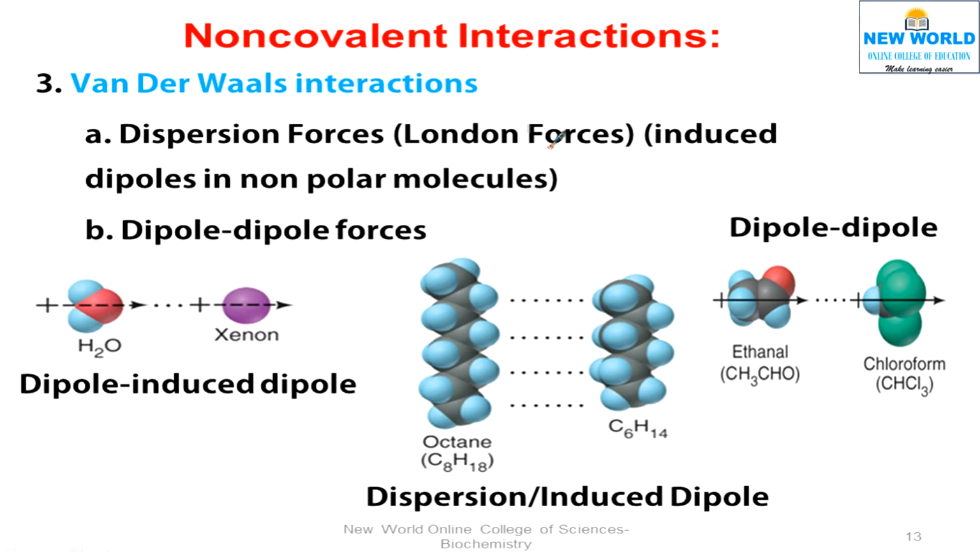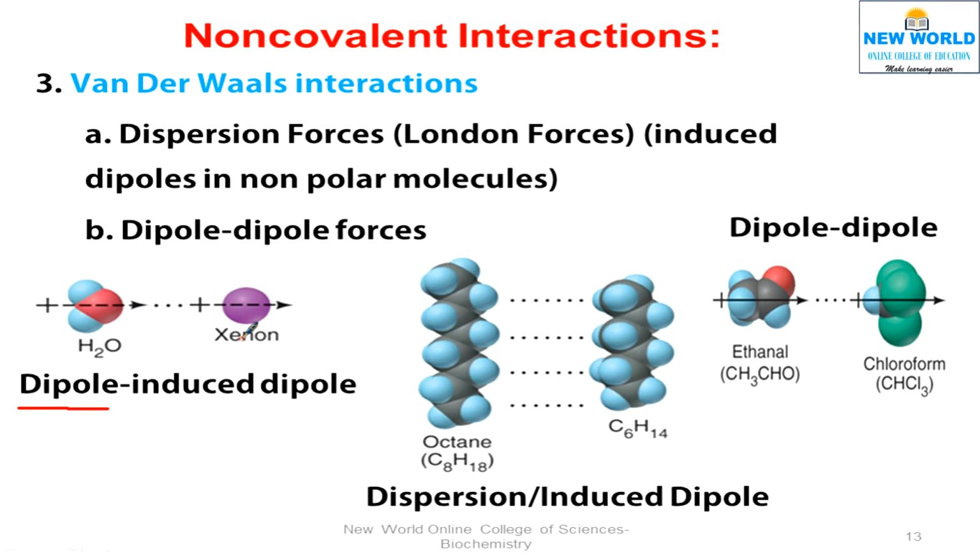Dipole, induced dipole is an attraction between one molecule which has a permanent dipole, and an induced dipole. The induced dipole comes as a result of the permanent dipole. If a polar molecule approaches a non-polar molecule, xenon, a noble gas with no charge, the electron density around the non-polar molecule is disrupted.